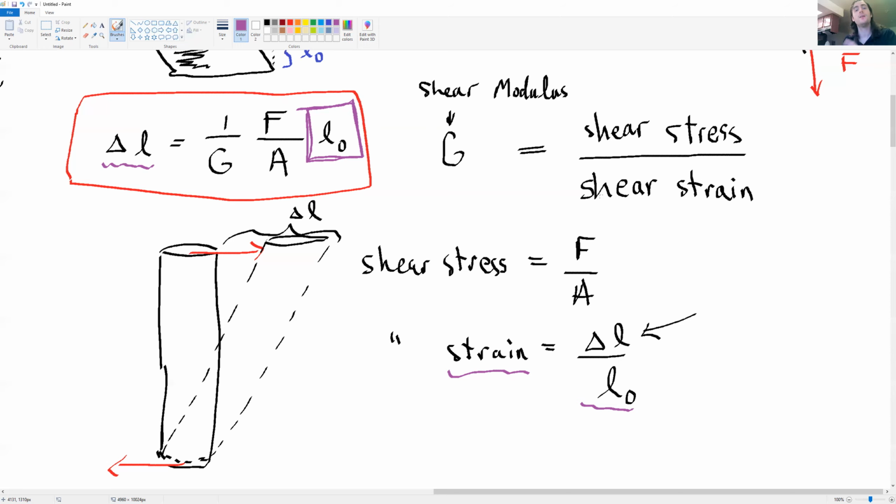You blow the air in, you increase the pressure inside the balloon, you're trying to add more air in there. But then the balloon expands and then the pressure inside matches the pressure outside, the atmospheric pressure, the pressure from the air.